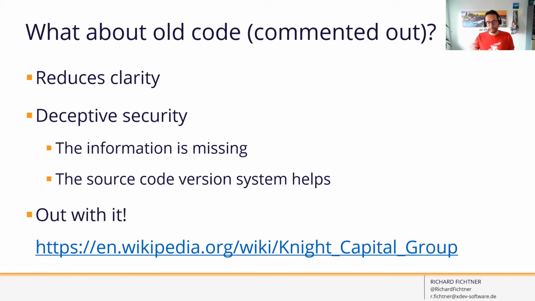It's way harder to go back in the Git history and find it, and then people will know that they have to adapt something, because you can't take something from the Git history from years ago and just put it in there. They will think about it. But if you just comment code in, people will think, okay, I don't know, this was last week. They don't know. So make sure to check out Knight Capital Group for epic failures, and make sure you're not the one that makes such a mistake.